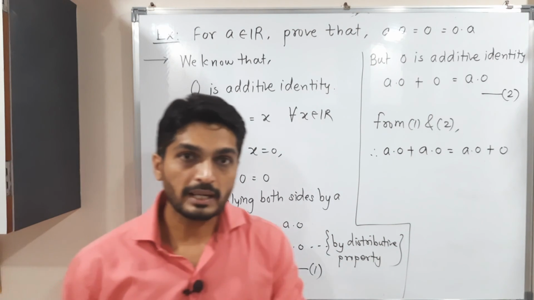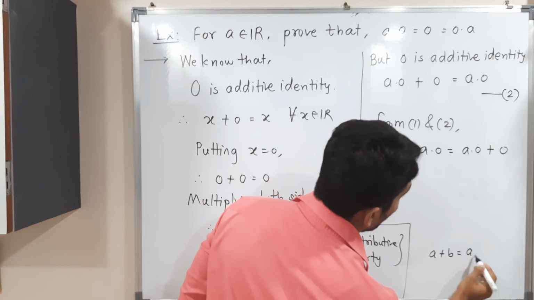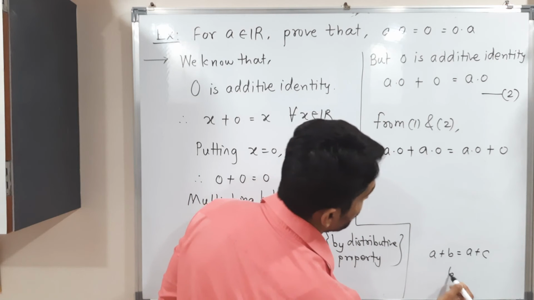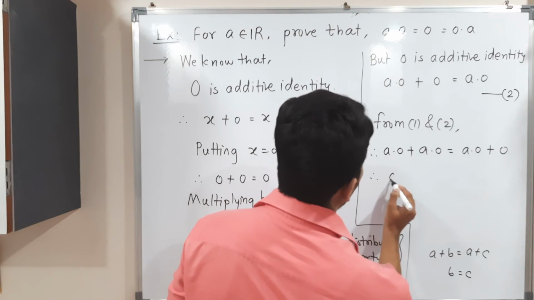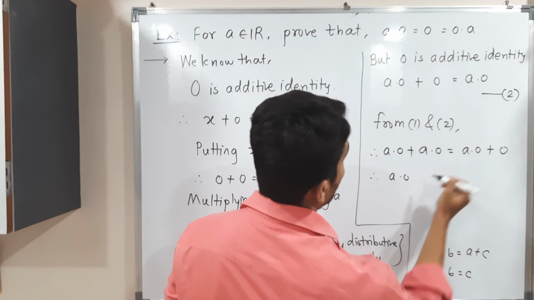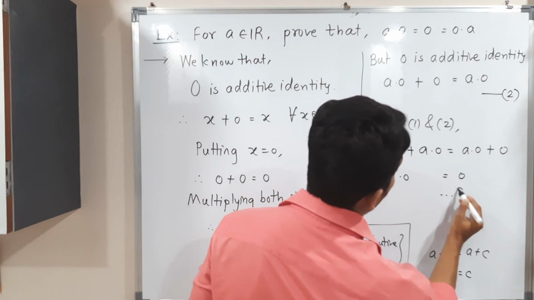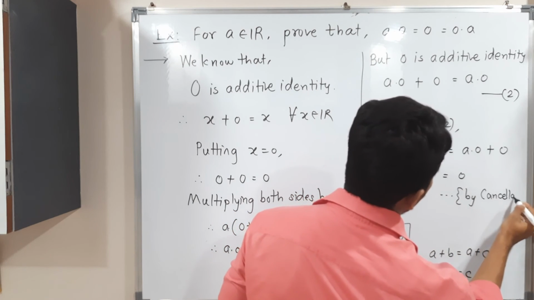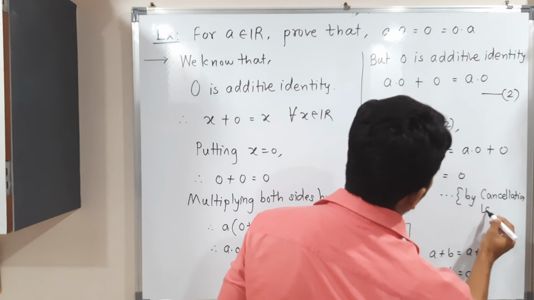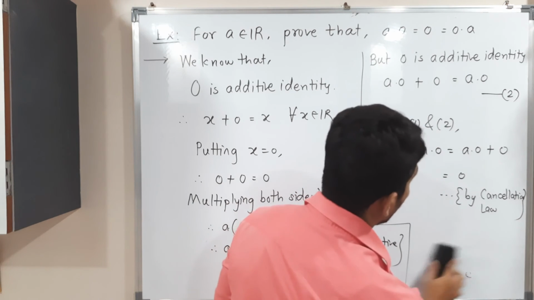You remember the cancellation law. That means if a plus b is equal to a plus c, we can cancel a from both sides and write b is equal to c. So therefore I am cancelling a into 0 from both sides. This a into 0 is equal to 0 by the cancellation law.